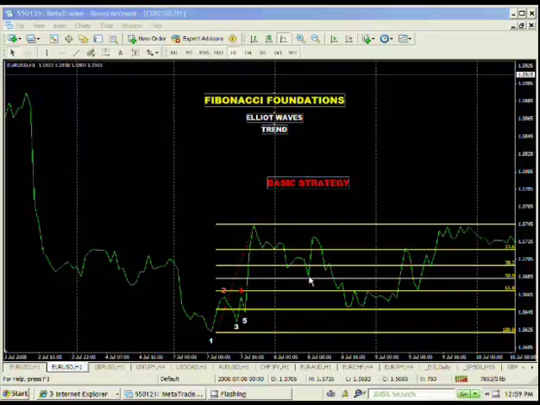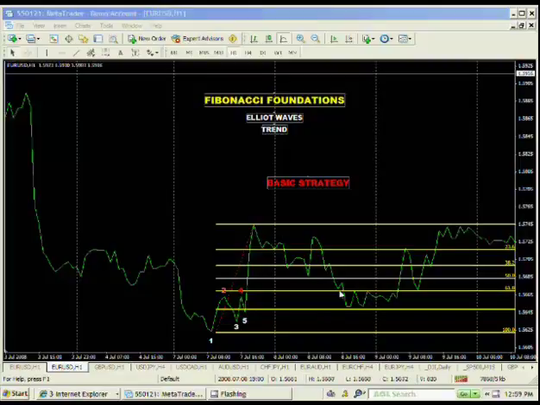The advantage of this is that, for one, if you get a pullback to 61.8%, now your effective entry price has also lowered. So for instance, this 50% is around 56.85, and the 61.8% right here is at around 56.70.